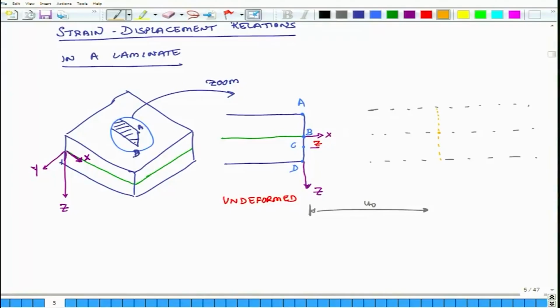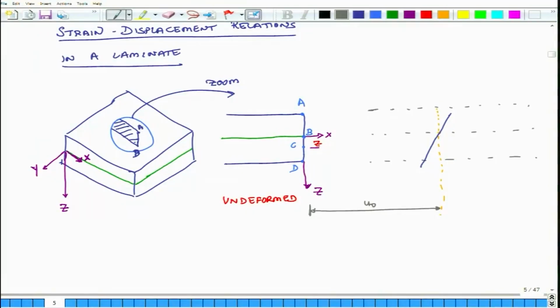When I rotate it, the new configuration looks like this. So, this distance is u naught, and this rotation is by a certain angle.